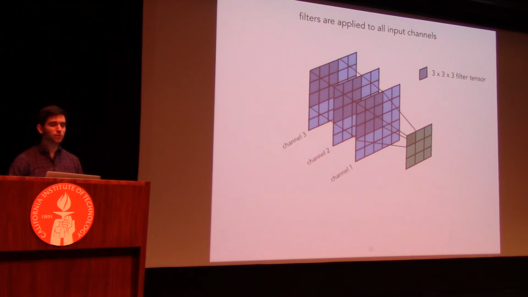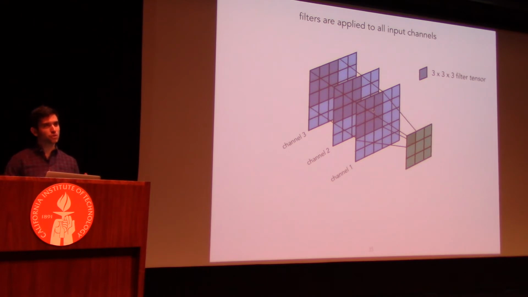And you didn't really see it from these last slides, but what we're doing is actually a convolution over multiple input channels. So this filter is not a matrix so much as it is a tensor. This dark blue here is showing that this is a 3 by 3 by 3 filter.